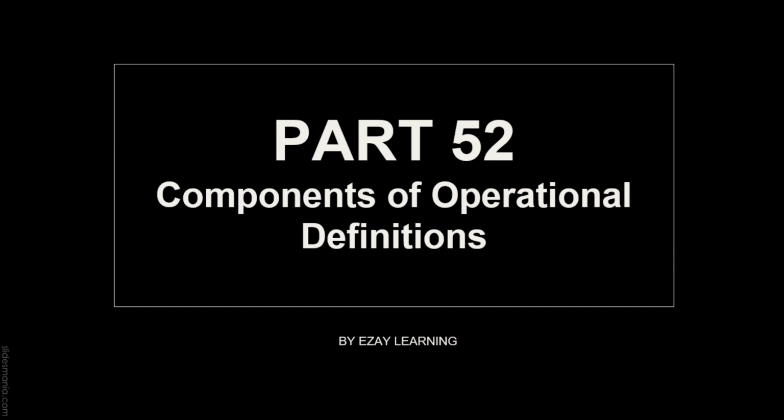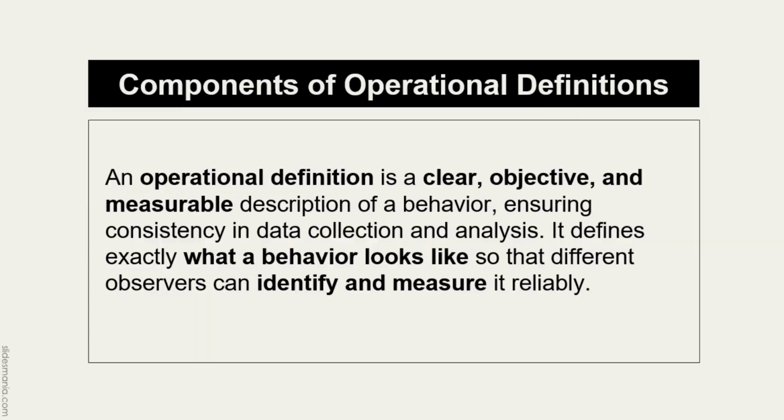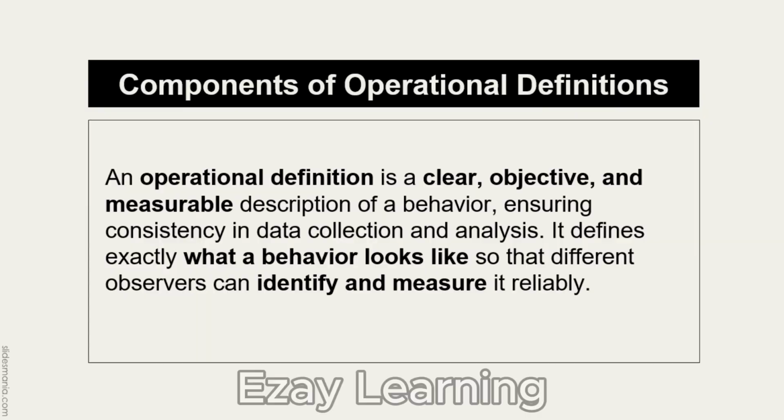An operational definition is a clear, objective, and measurable description of a behavior, ensuring consistency in data collection and analysis. It defines exactly what a behavior looks like so that different observers can identify and measure it reliably.